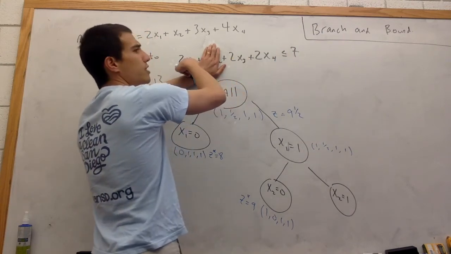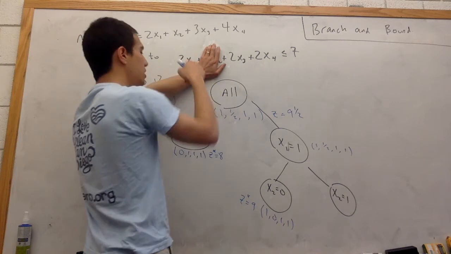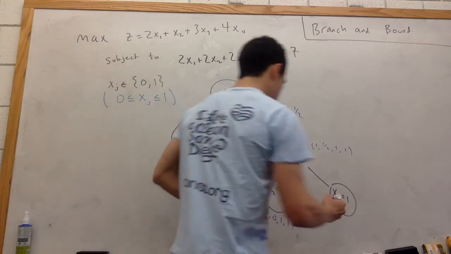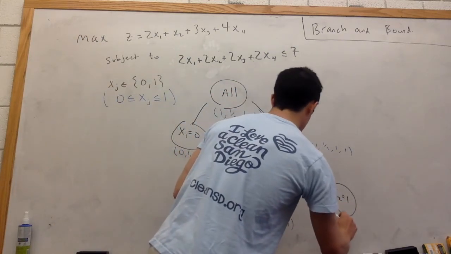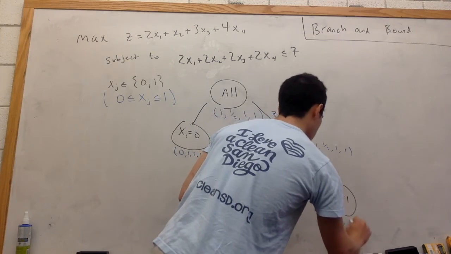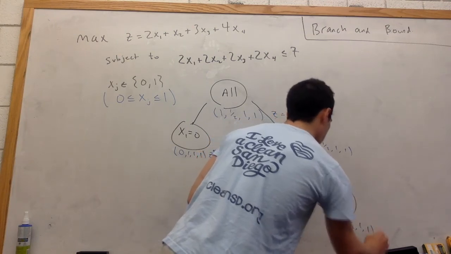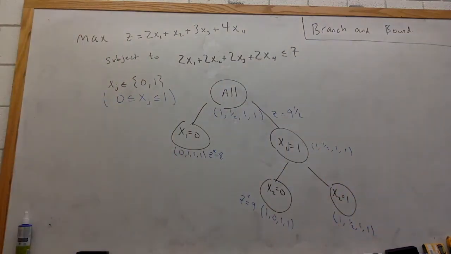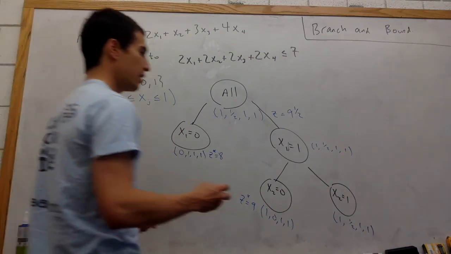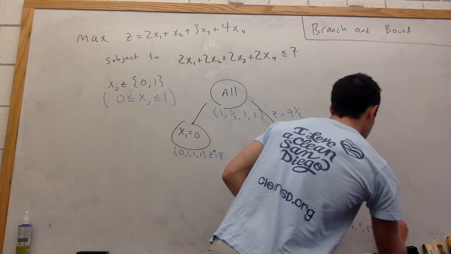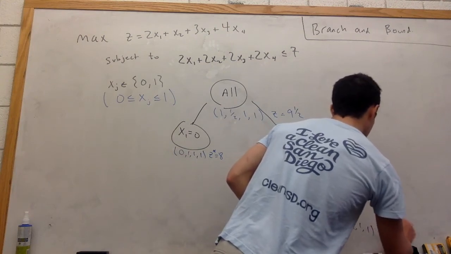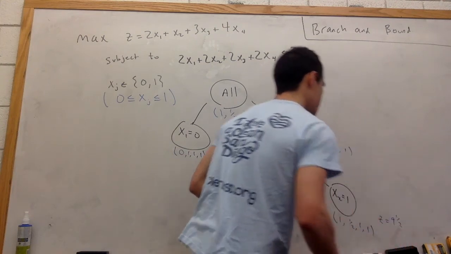Now I can increase x1 to 1/2, right? So my solution to the LP relaxation here is 1, 1/2, 1, 1, and this gives me a value of z equal to 9.5.